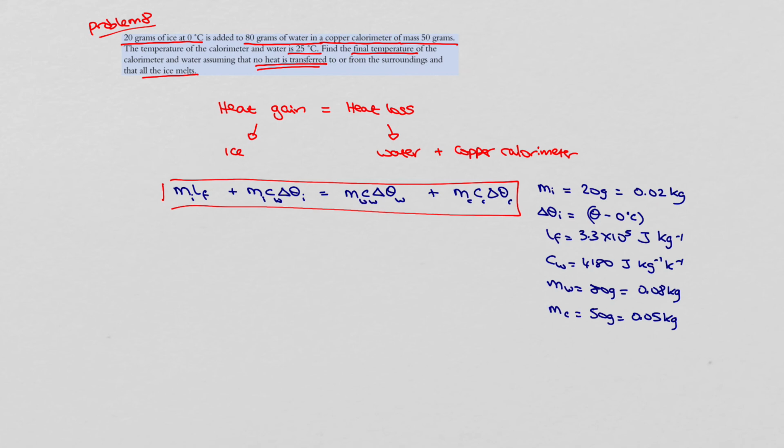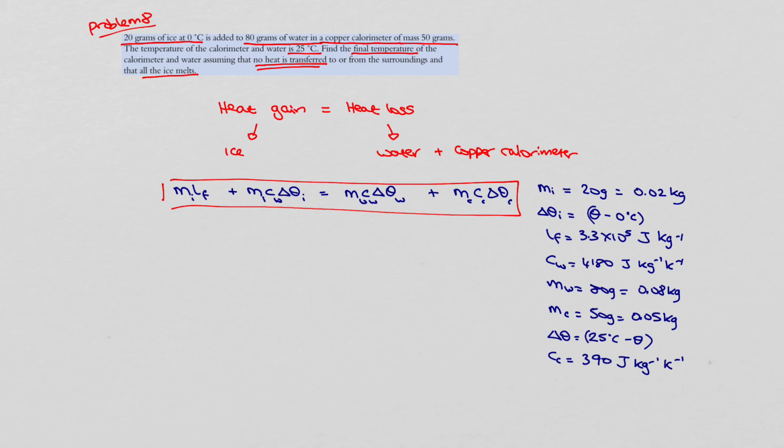The change in temperature of the calorimeter and the water is going to be the same, so our delta theta there is going to start at 25 and it's going to cool down, so it's going to end up at theta. And then we obviously need the specific heat capacity of copper, and again, top of page 166, we have 390 joules per kilogram per Kelvin.